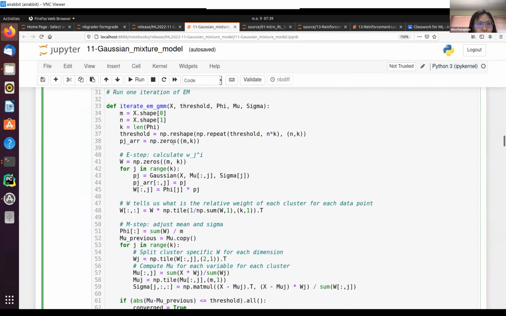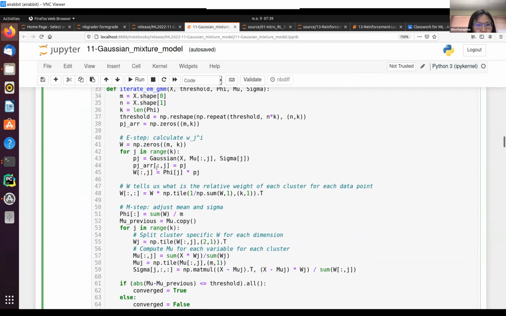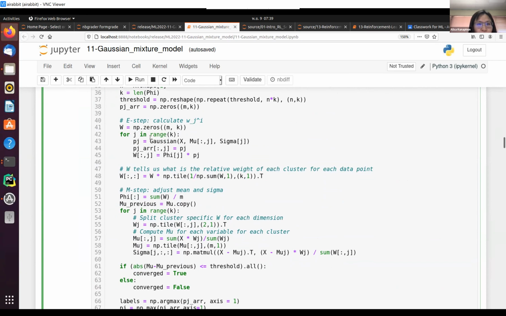Then in each iteration of the GMM, we start by creating the Gaussian pj for each x parameter with the average and sigma. Then we try to find the relative weight for each cluster.